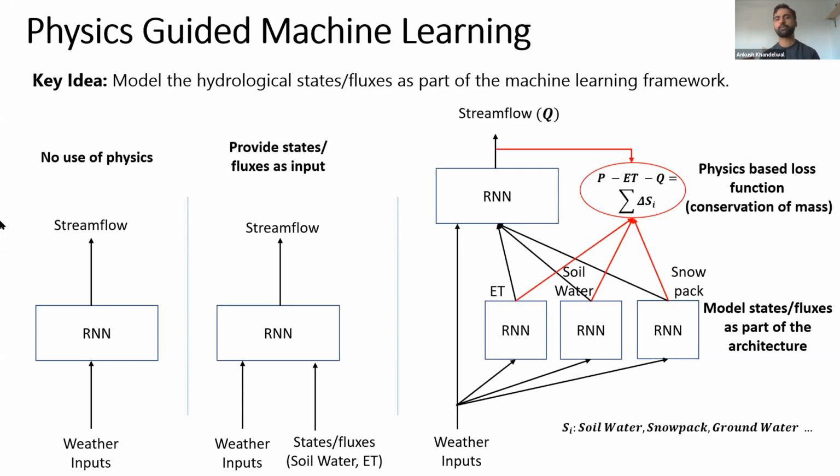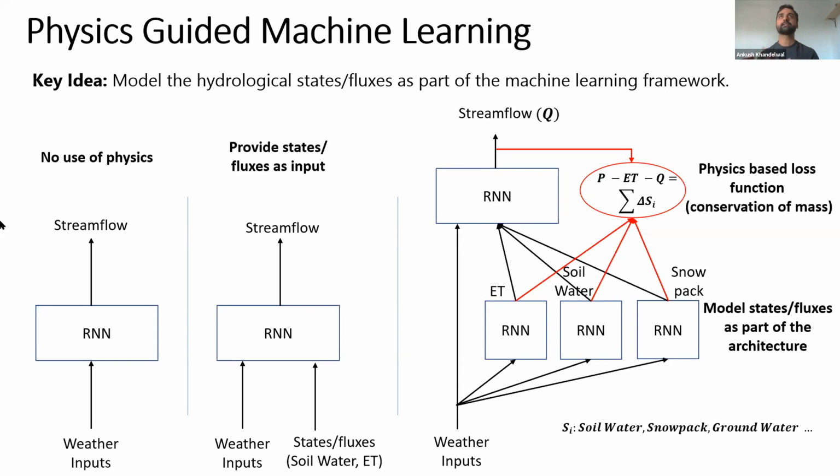And once we bring these variables into the architecture, we can impose another layer of constraint, which is using physics-based loss functions to constrain these individual modules to adhere to our conservation of mass principles, and we heard about those in previous talks as well.